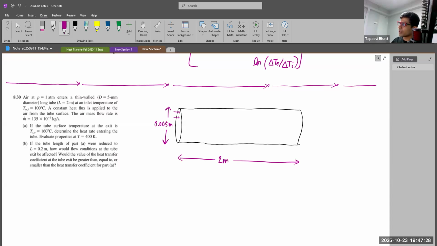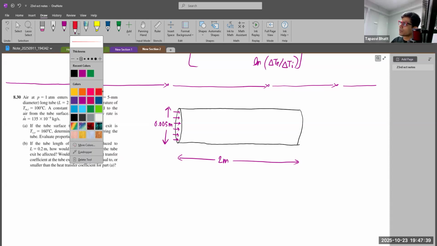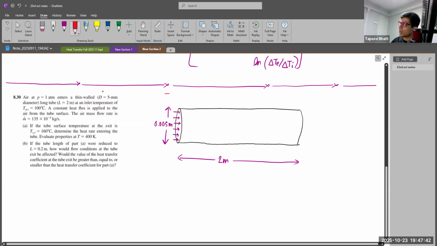And air is entering like this, at the inlet temperature of Ti, Ti is 100 degrees Celsius, and m dot is 135 times 10 to the power minus 6 kg per second. This might look very small, but because air is very less dense, the mass flow is very low, still the velocity might be decently high.